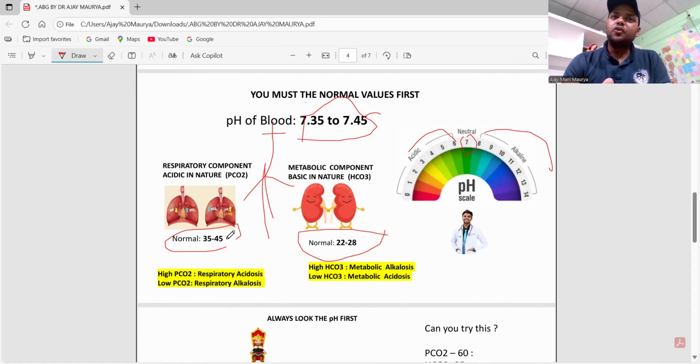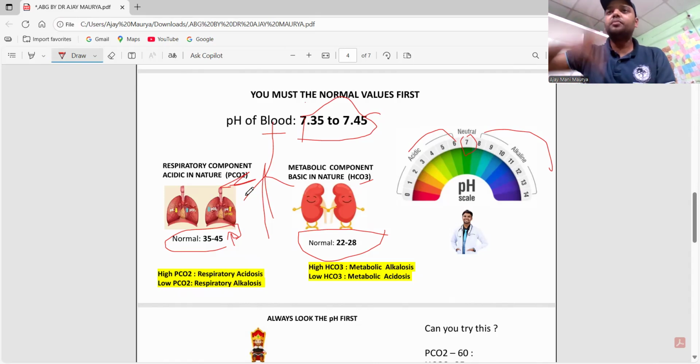What if the CO2 is more than 45? CO2 is acidic and bicarbonate is basic.